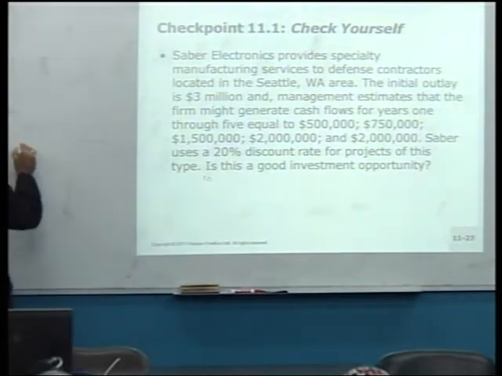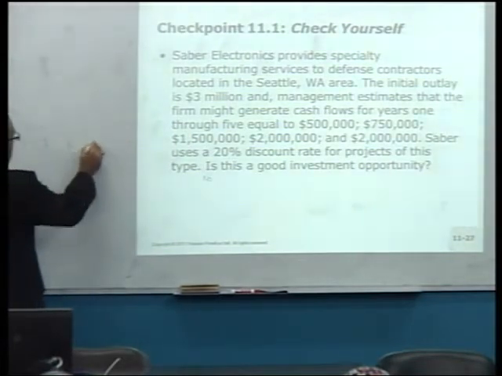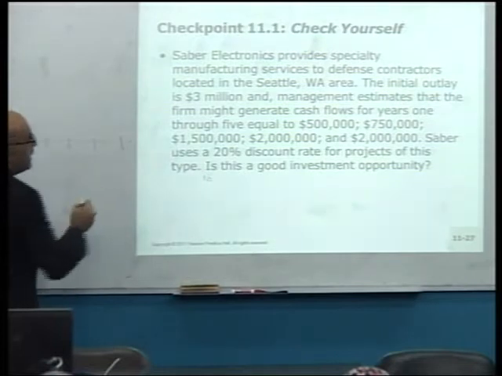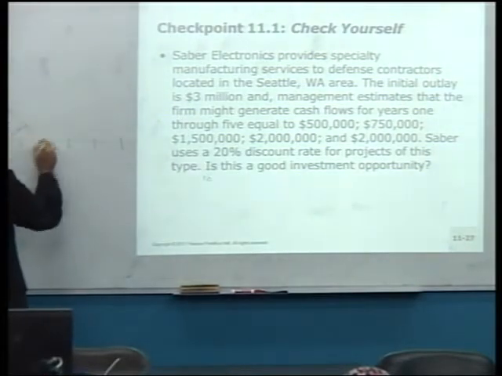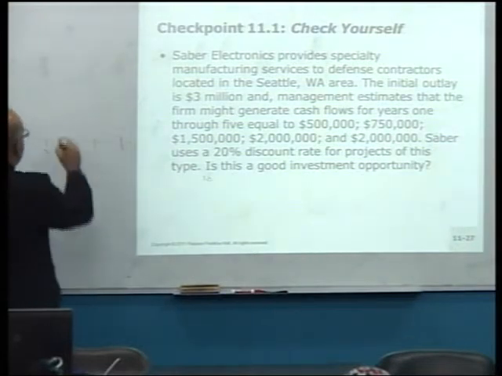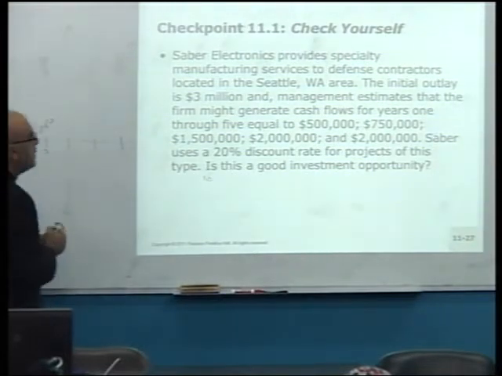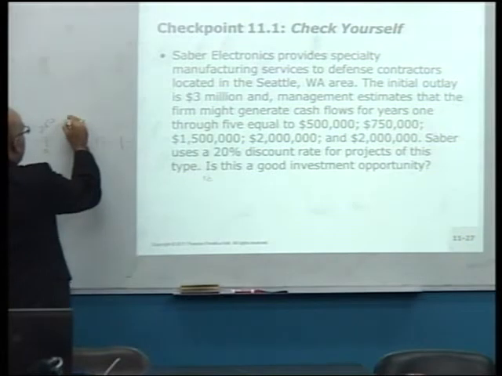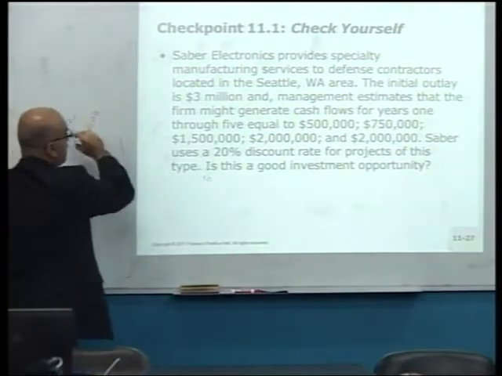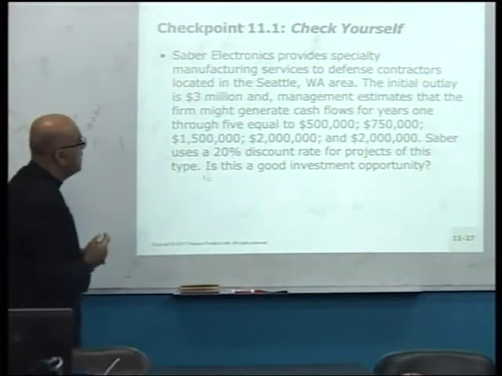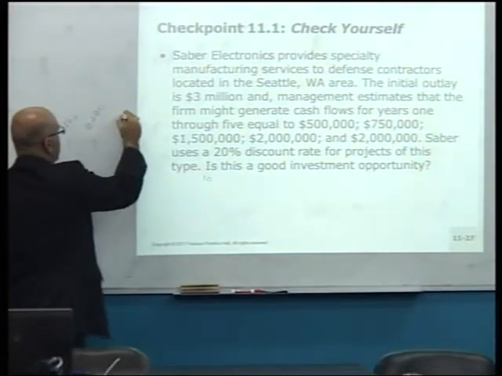So we have 5 years: 1, 2, 3, 4, and 5. In year 1, 500,000, so we have 500. In year 2, we have 750. In year 3, we have 1,500. In year 4, 2 million. And year 5, 2 million.